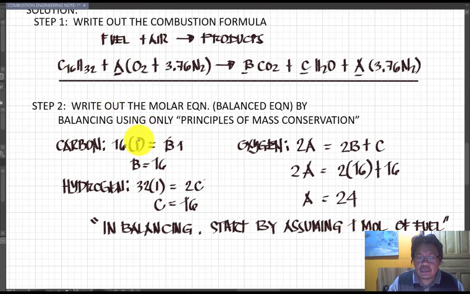That's why here we use that one value. So we are assuming 1 mole of fuel. Later on, whatever the volume or mass of the fuel is, in the estimated air fuel ratio, we can multiply it.